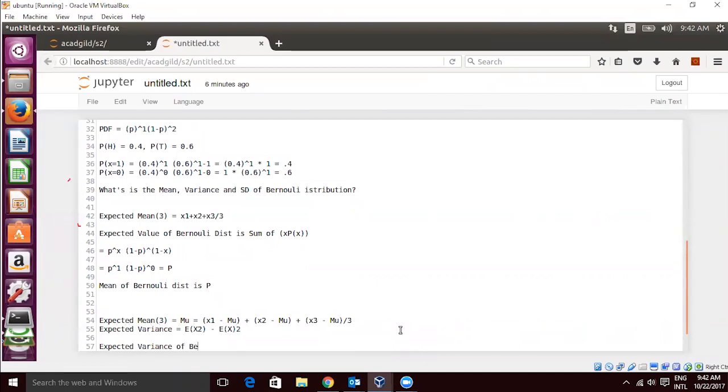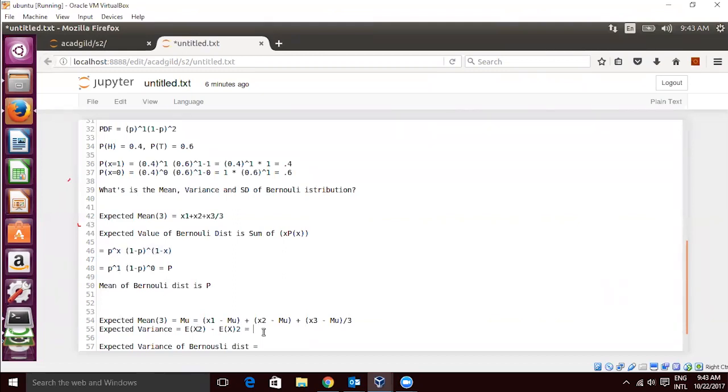So the variance of Bernoulli distribution is equal to, we know that E of x, the expected value of x, is p. So what could be the expected value of x square? Apply this formula here: p to the power of x, which is x square, into 1 minus p to the power of 1 minus x square. Here it is 1 square and 0 square. Otherwise I can write this formula better.